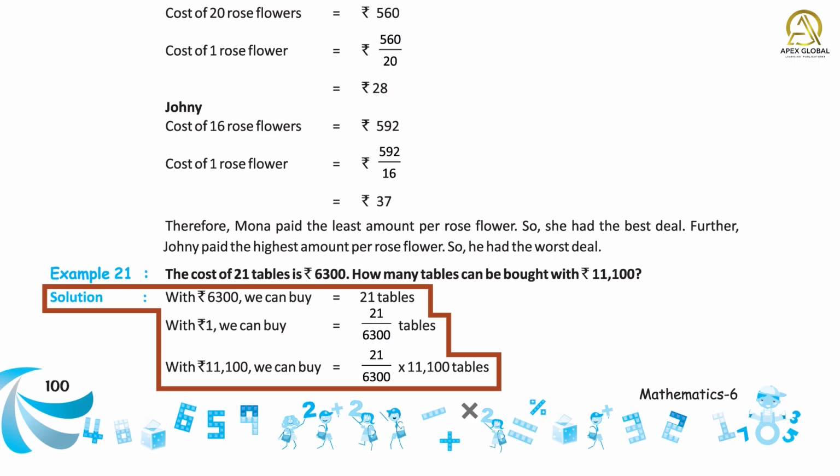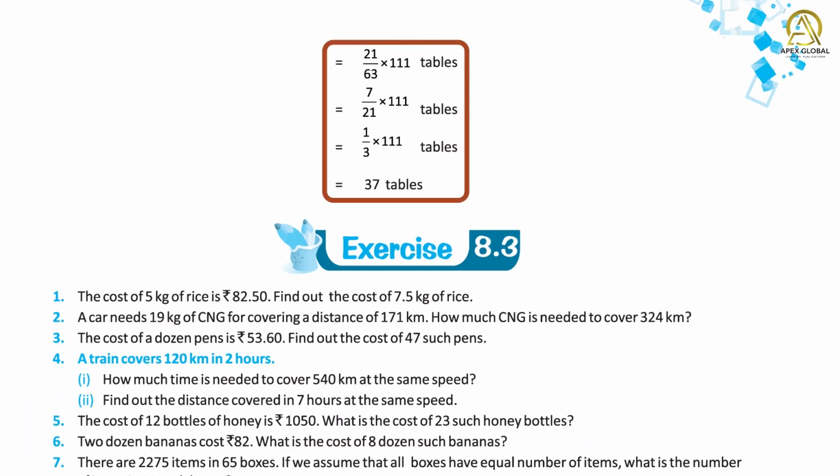With rupees 11,100 we can buy 21 upon 6,300 into 11,100 tables equals 21 upon 63 into 111 tables equals 7 upon 21 into 111 tables equals 1 upon 3 into 111 tables equals 37 tables.